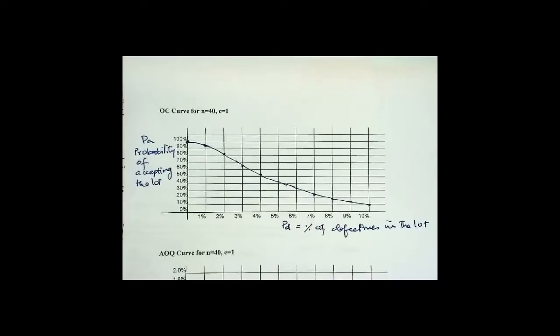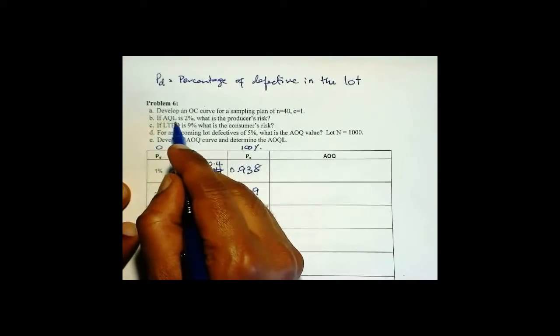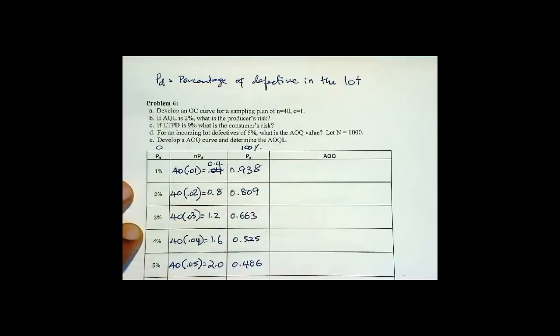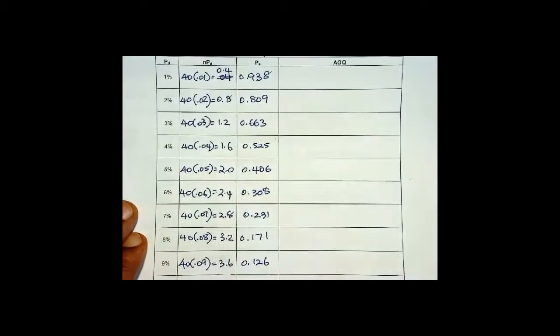Now let's answer a few more questions. Okay, B is if AQL is 2%, what is the producer's risk? AQL is 2%. The probability of accepting the lot for 2% is 0.809.